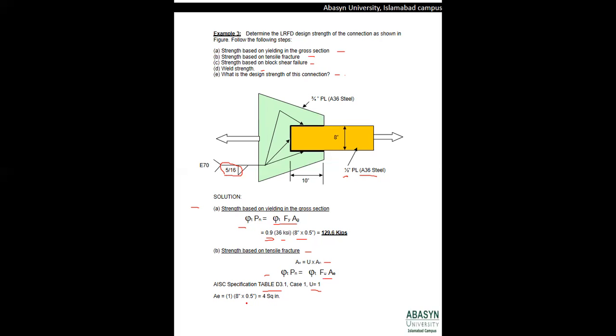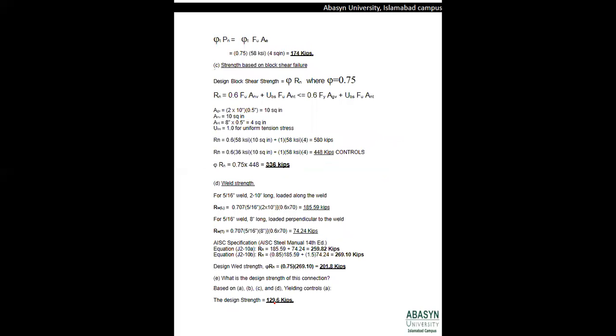So for this particular problem, the net effective area comes out to be U, whose value is 1, times the net area of the member, and the area of the member will become again 8 into 0.5. So the net effective area comes out to be 4 square inches.